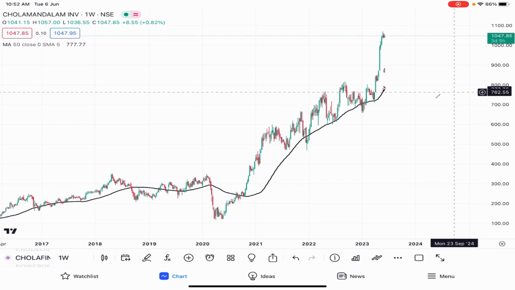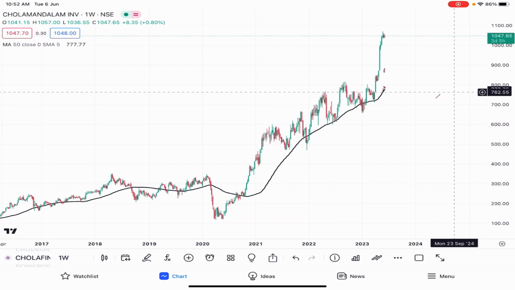So the length basically takes into account the number of candles used to calculate my average. I hope that is clear. So that is my simple moving average, and it is also known as an arithmetic moving average.